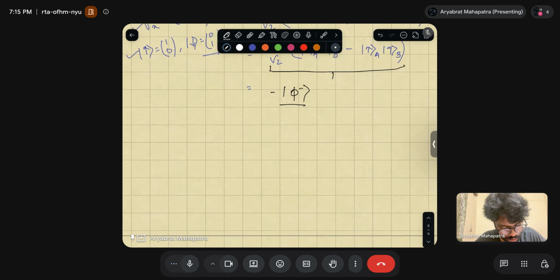These are just representations of linear combination states to ease our calculation, to simplify or to identify them properly. So phi plus is 1 over square root 2 up up plus down down, and phi minus is up up minus down down.